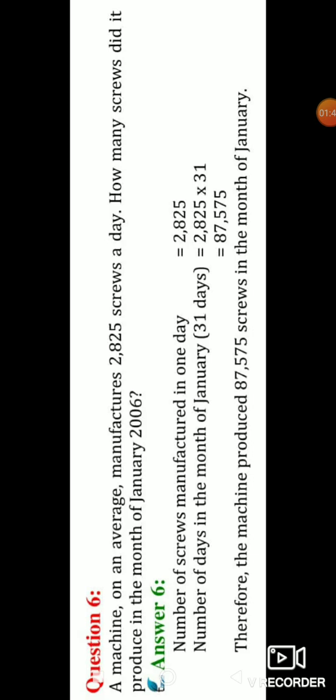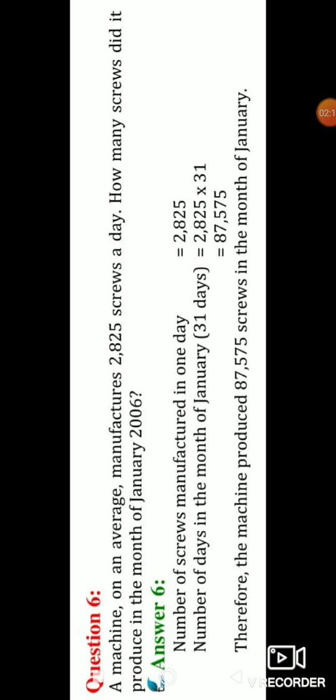The number of screws manufactured in one day is given as 2825. So write: number of screws manufactured in one day is equal to 2825.